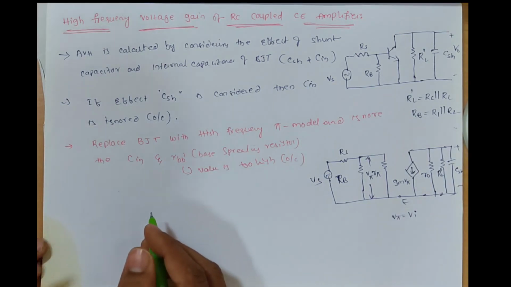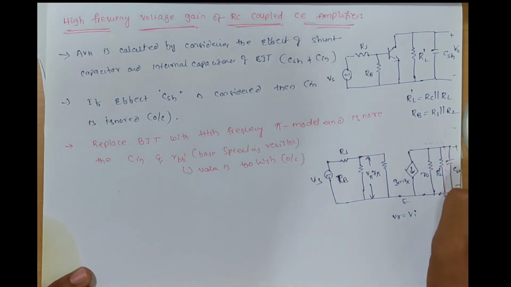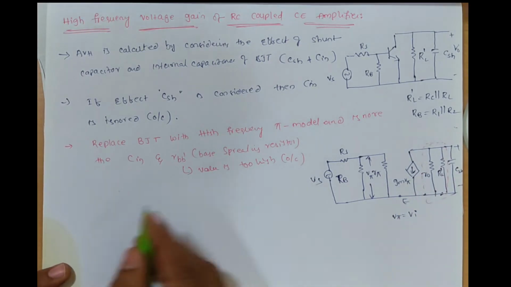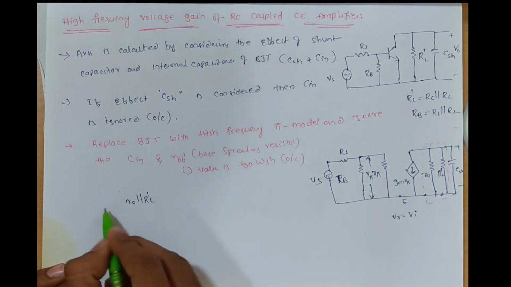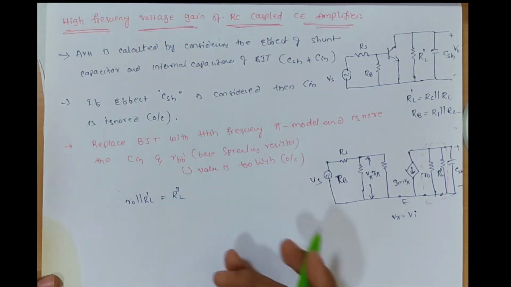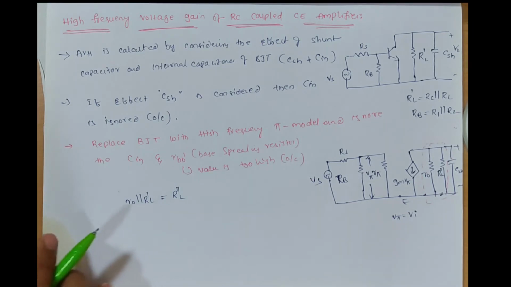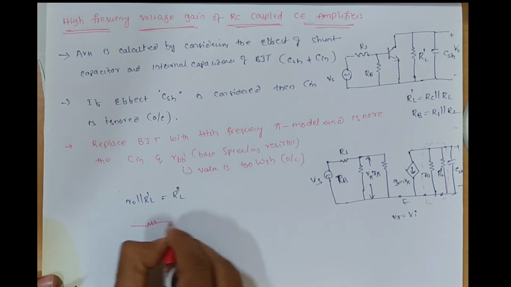Here we have this r0 and R dash L, and these two are in parallel. We can write the equivalent as r0 parallel with R dash L, and I am naming it R double dash L. Then we can write the equivalent circuit like this.